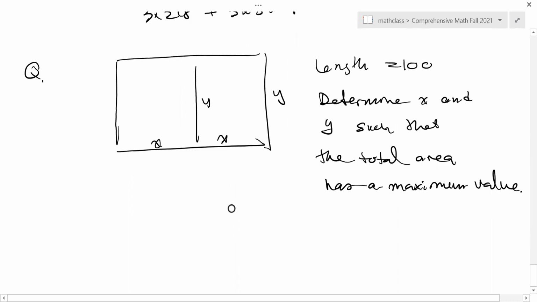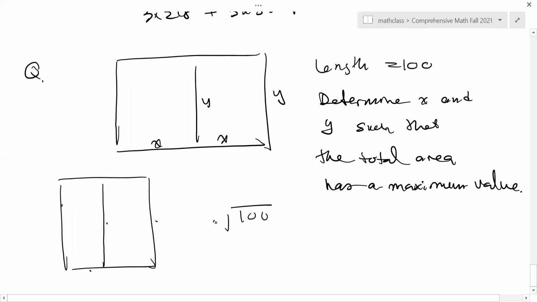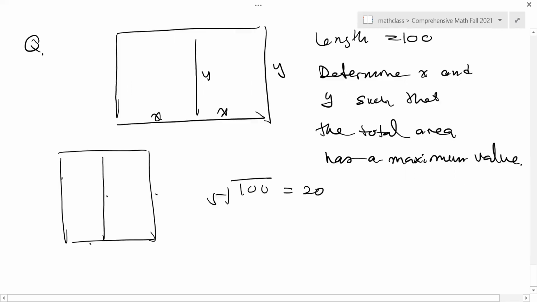Now you cannot make it a square. I don't think so. You cannot say, oh, it must be a square. Suppose I put another piece in the middle. How many pieces do I have? Okay, 1, 2, 3, 4, 5. So 100 divided by 5 is going to be 20 for each piece, right?